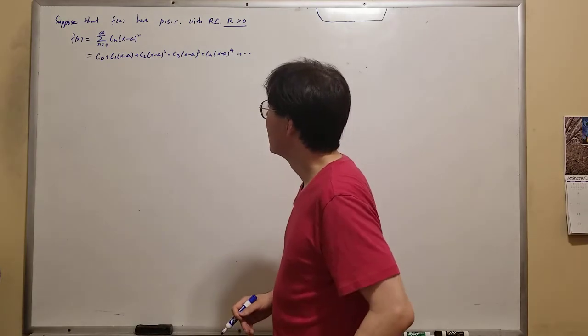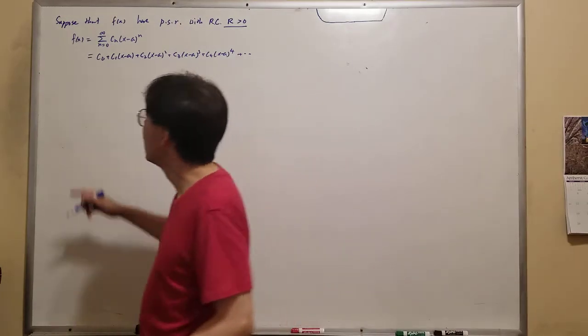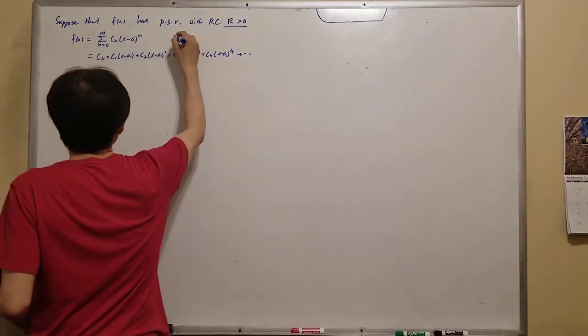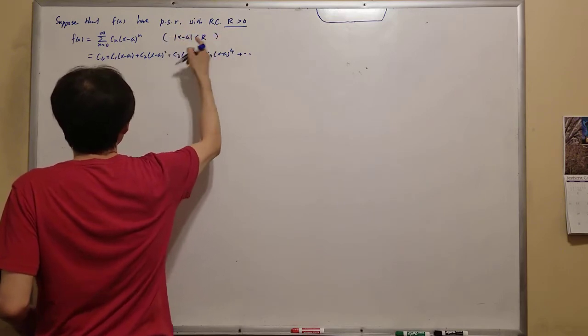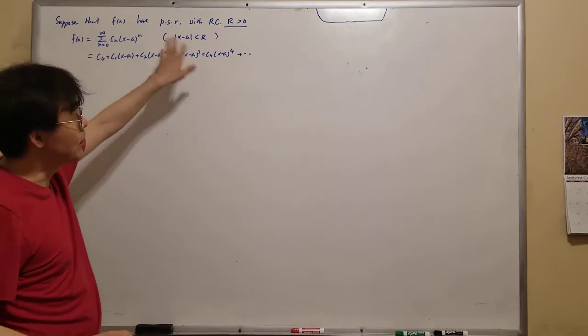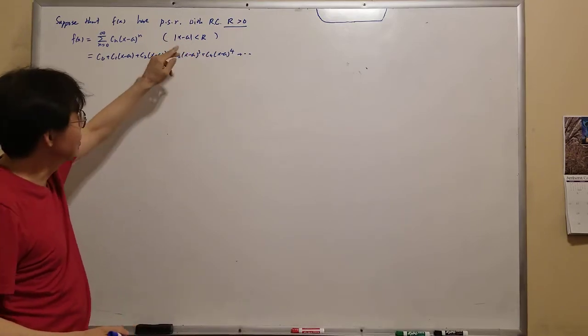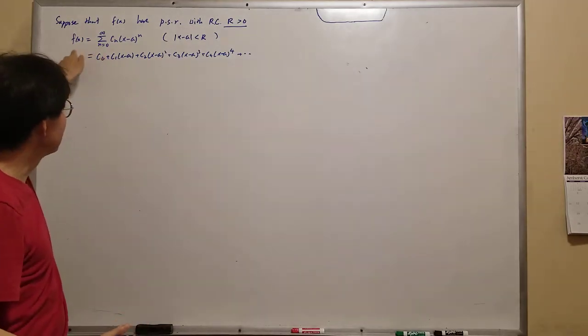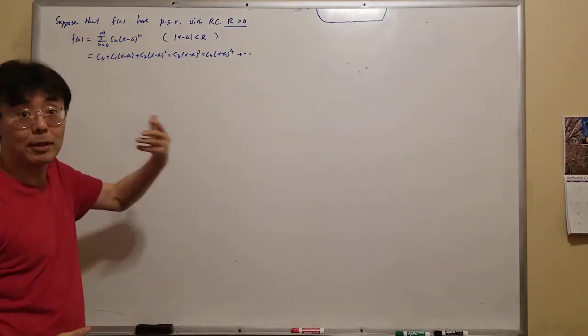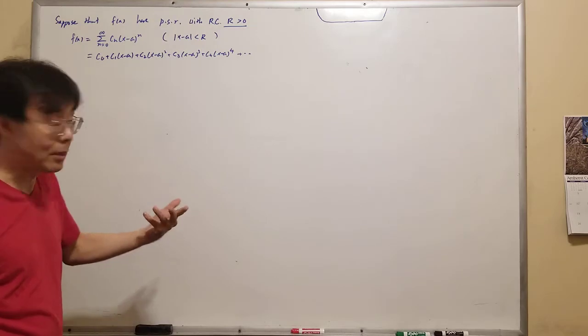Because it is true for all x, at least for all interior points, it could even be true for some endpoint values, this is equal. That's what we call having a power series representation.